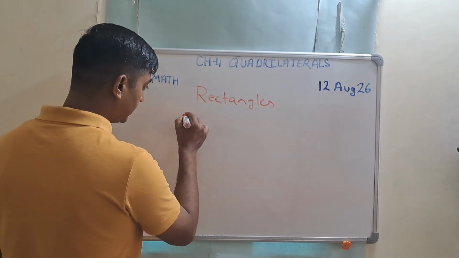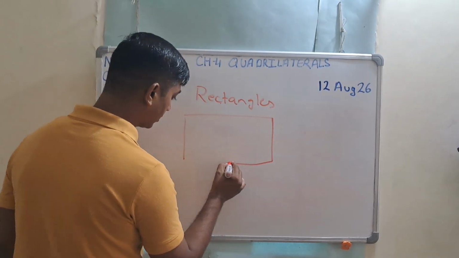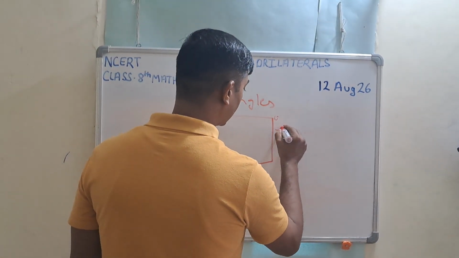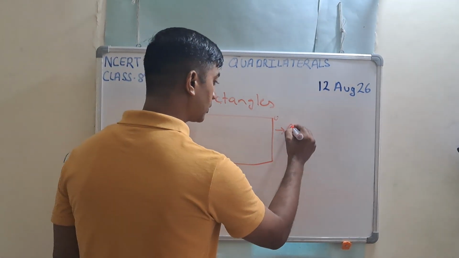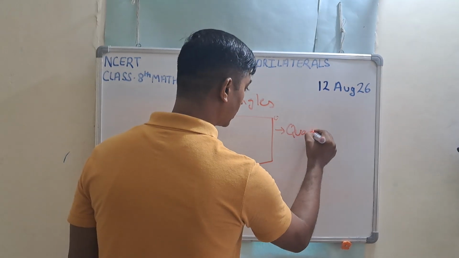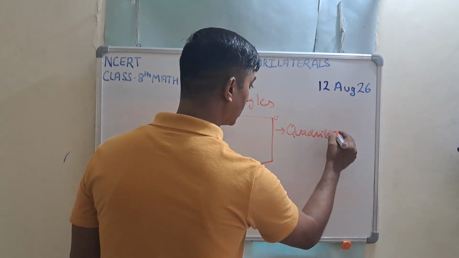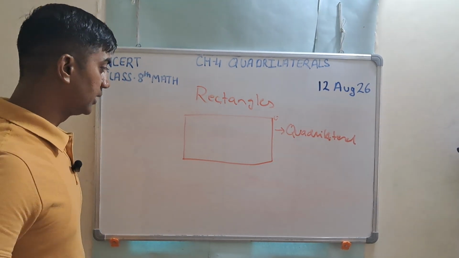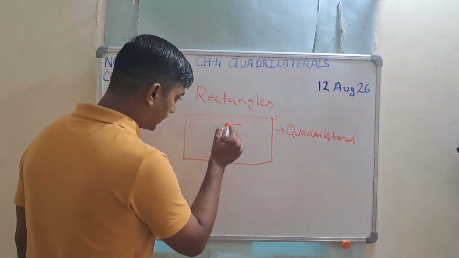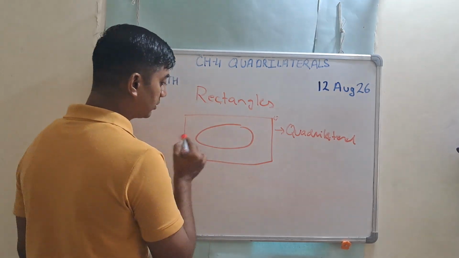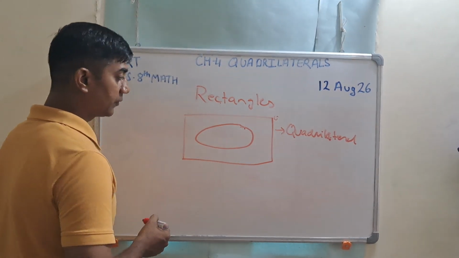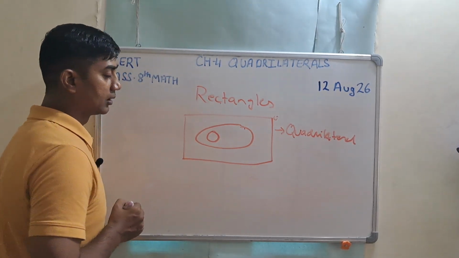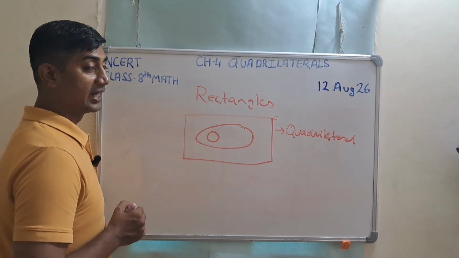If this is the universal set of quadrilaterals and this is the set of rectangles, then the square will be a part of the rectangle.